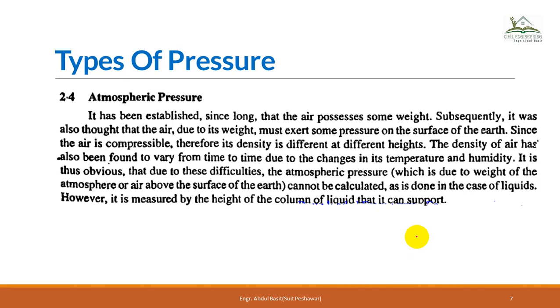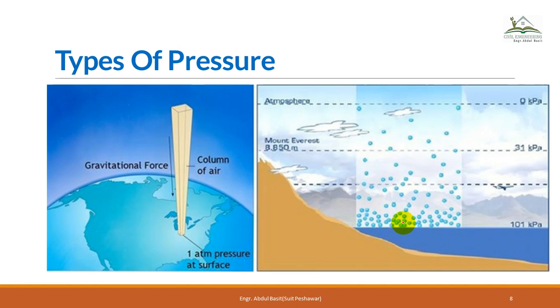Coming towards atmospheric pressure, let me simply describe it from here. What does atmospheric pressure mean? For example, we have air around us, and that air consists of small molecules, and these small molecules have some weight.